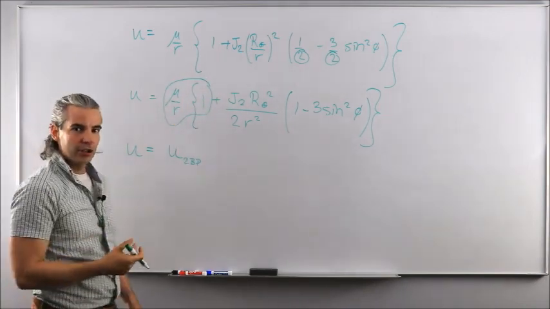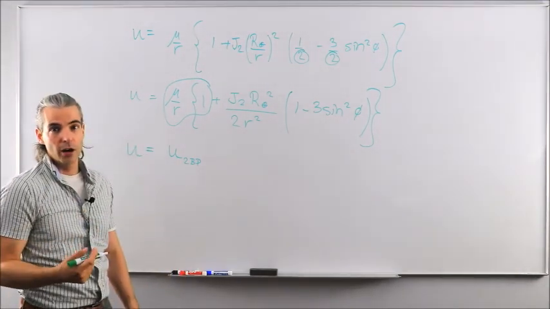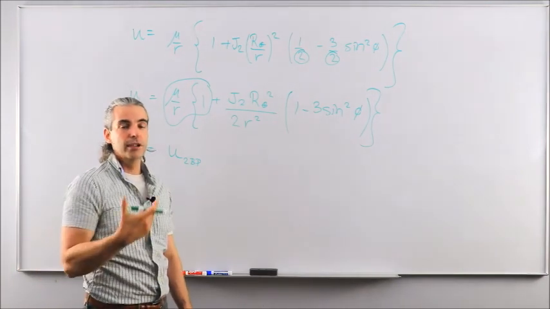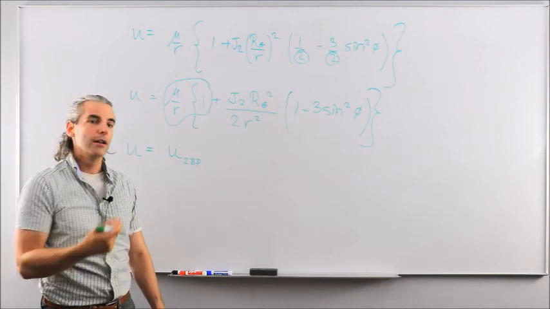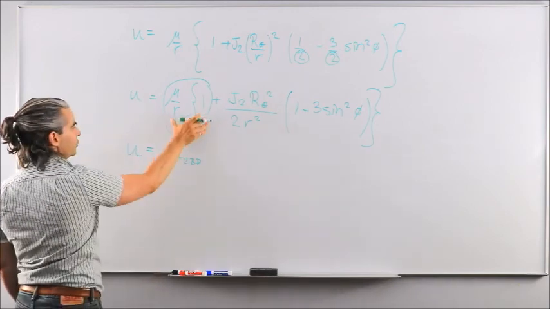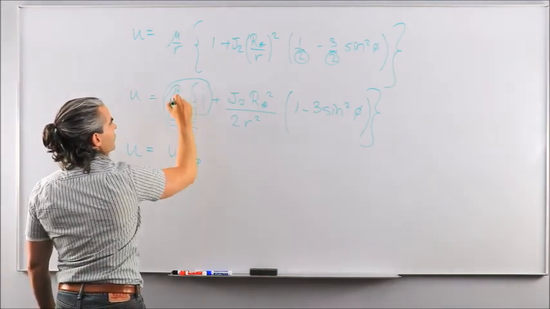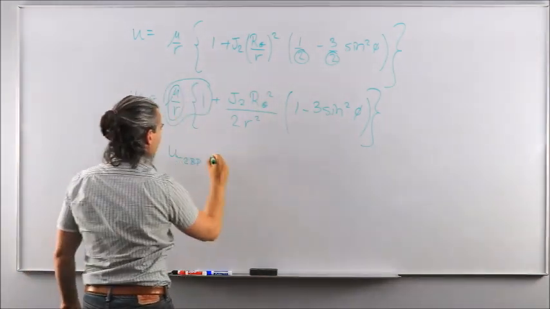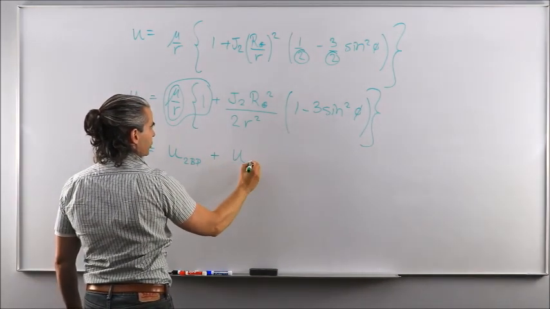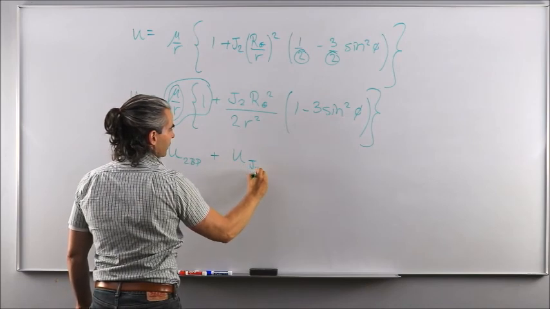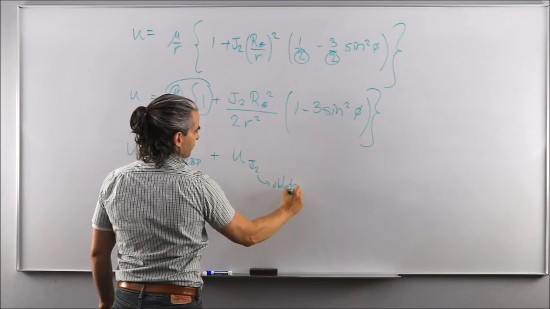Remember our initial discussion on the geopotential function for the two-body problem being just mu over r, and then taking the gradient of that, you get the two-body acceleration, which is minus mu over r cubed times r vector. So we have the two-body contribution here, plus mu over r that multiplies the second term, the geopotential function contributed by the J2 effect, which is the oblateness of the Earth.